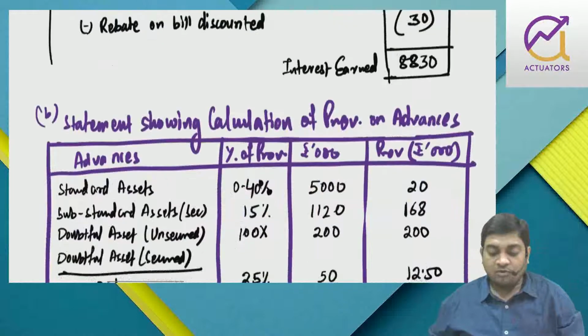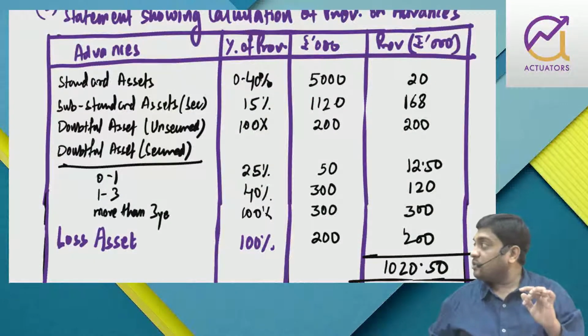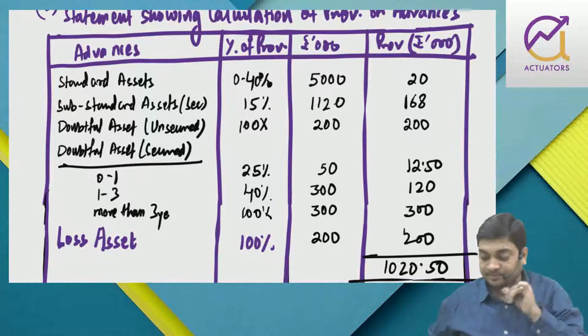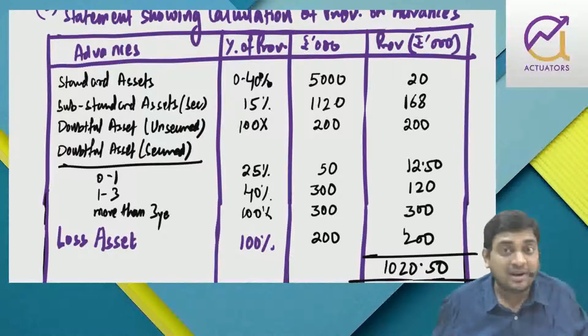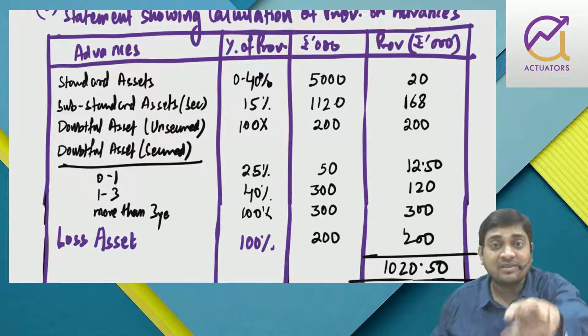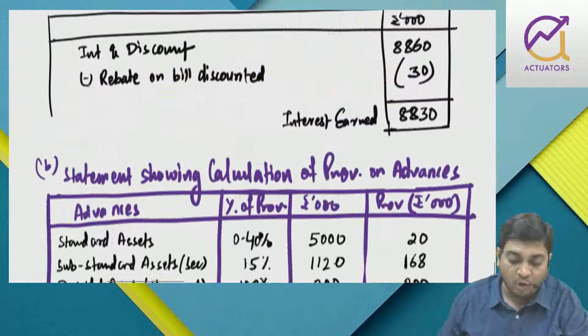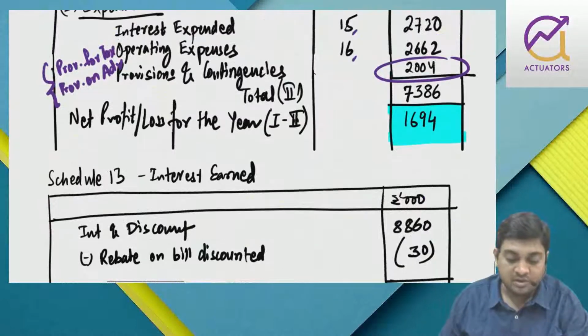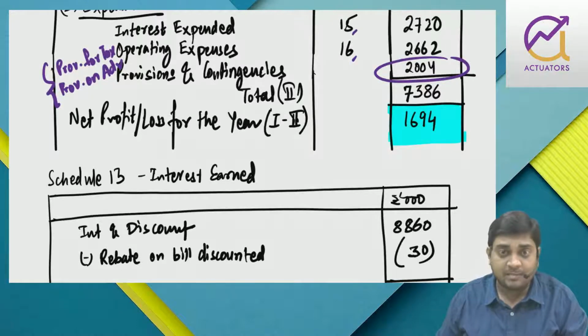Out of that, provision on advances is 1020.5. So it means the rest is tax provision. While I prepare the PL, they have given us the total, including both provision for tax and provisions on advances. So for the purpose of preparing PL, I don't require the breakup.